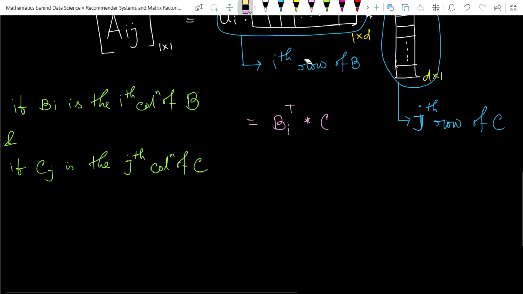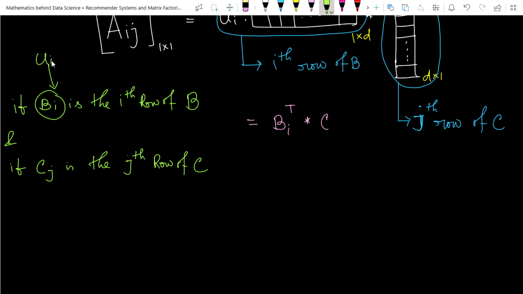It will be better if we use the ith row of B and the ith row of C. This bi is responsible for user i, and this Cj is responsible for item j. It will be better for us.